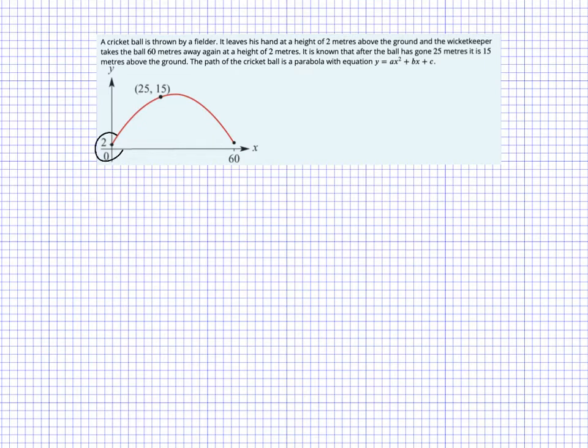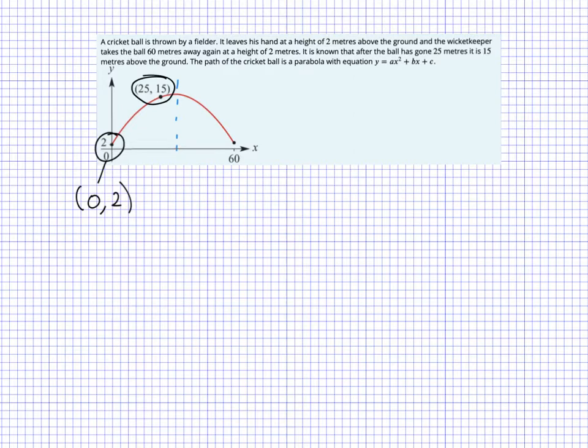Point number 1 is the initial, and it is 0, 2. Point number 2 is the one given to you. Notice that it's not the turning point. The turning point seems to occur roughly just a bit after there. Another thing we can remember to understand why this is not the turning point: where should the turning point be on the x value?